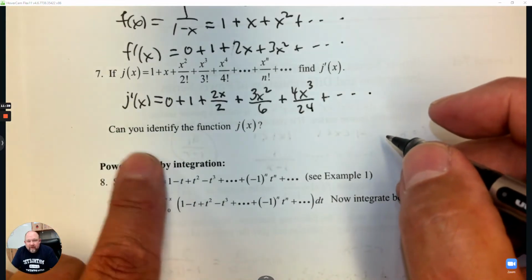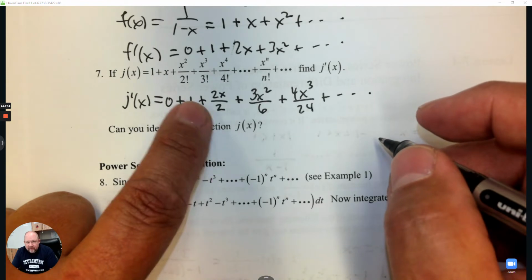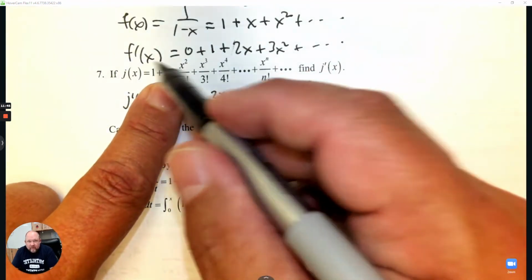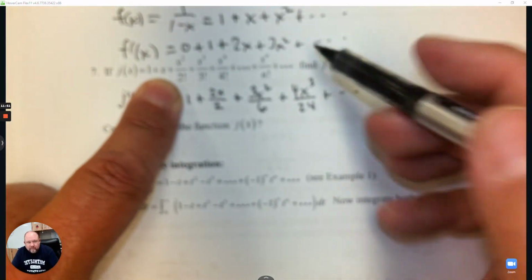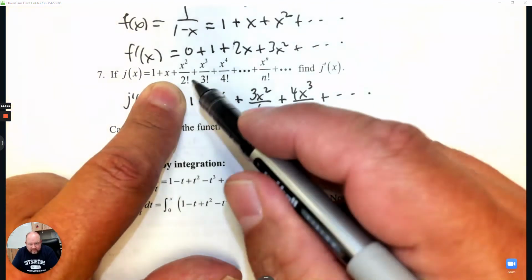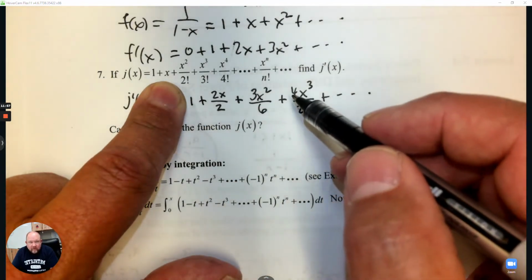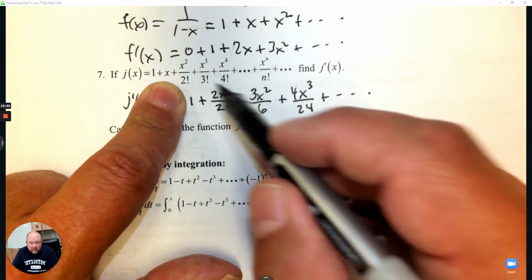And if you simplify it, can you identify what g of x equals? Well, 0 plus anything. We'll start here. Notice it's 1. 2 divided by 2 is x. 3 goes into 6 twice. 4 goes into 24 6 times. 3 factorial is 6.